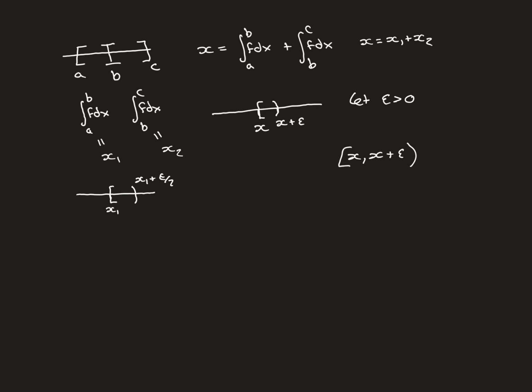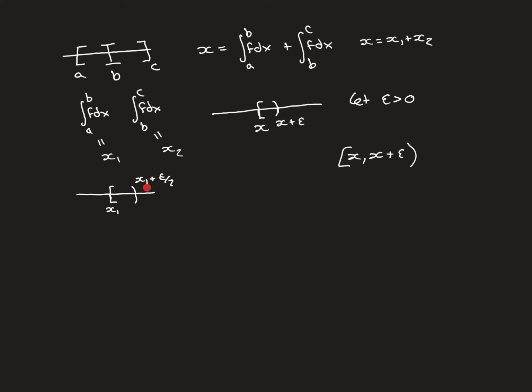Now why is that? Well, firstly, it's definitely going to be greater than or equal to x1, because all of the upper Riemann sums are greater than or equal to that value, because it is the infimum of the upper Riemann sums, remember, for this interval AB. Now, why can I find one that's strictly less than x1 plus epsilon over 2?